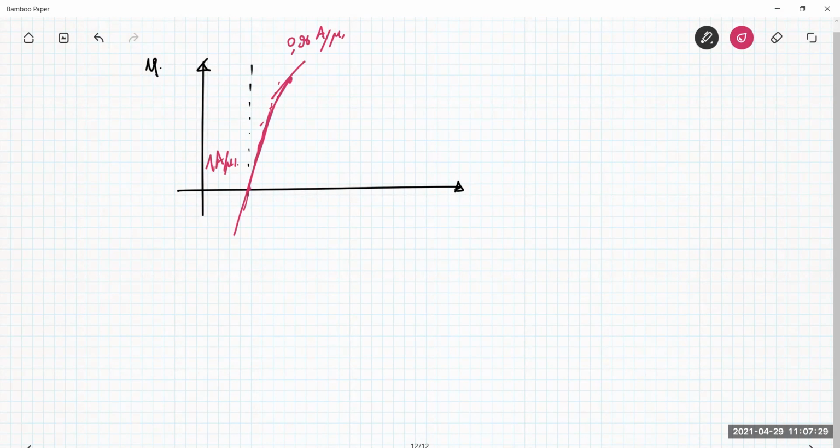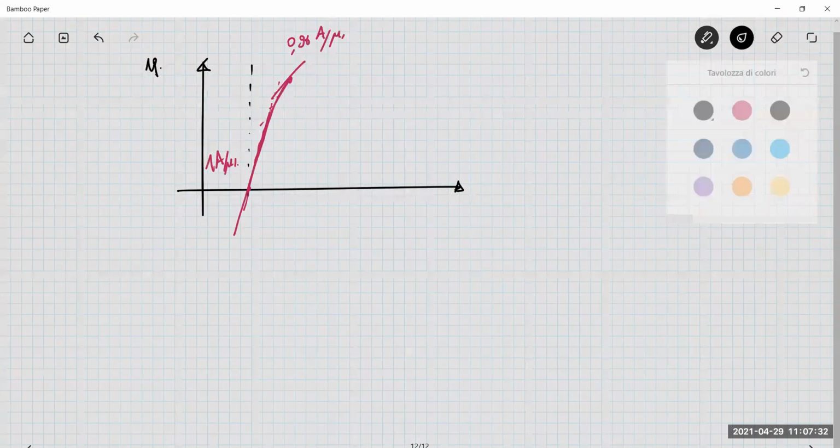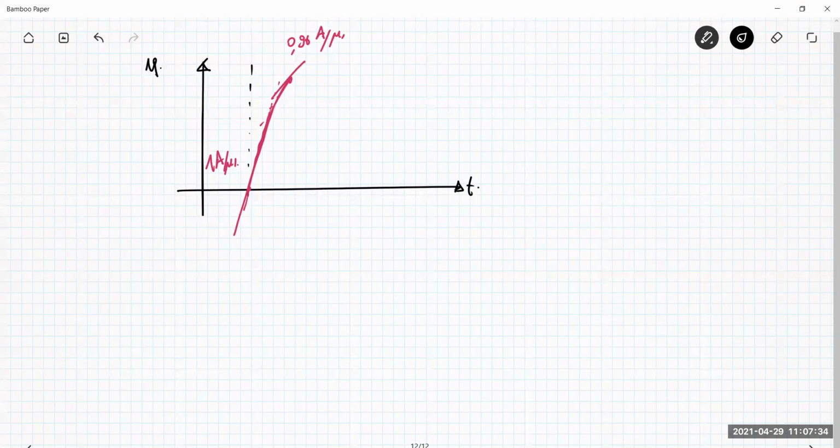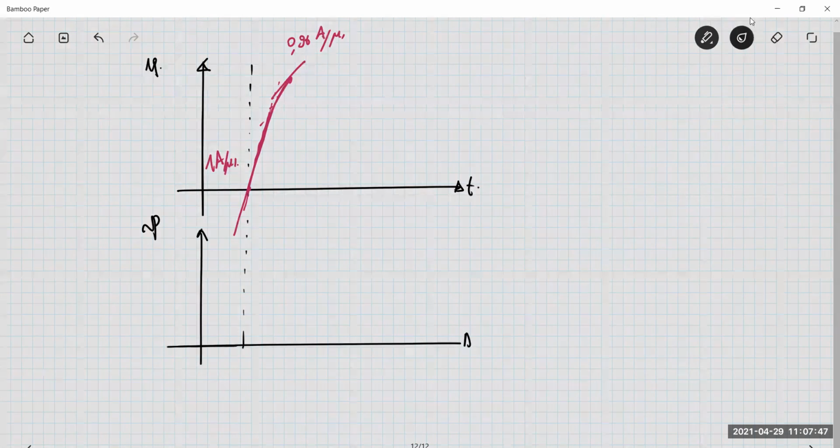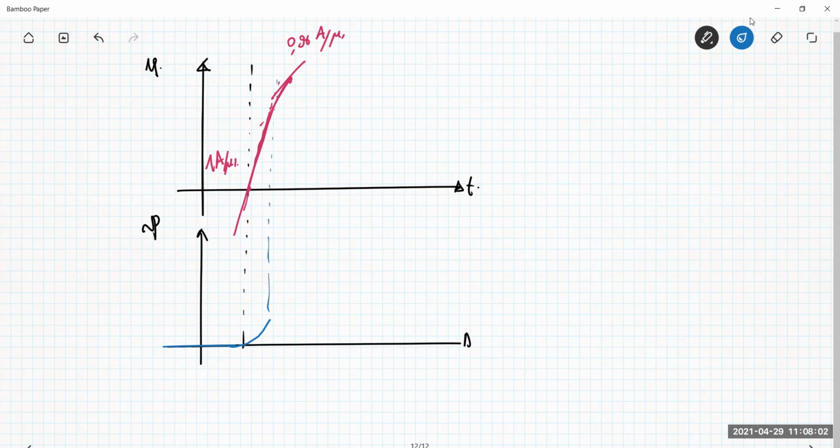This means that my voltage Vp follows this behavior, something that has a parabolic behavior like this, up to this point. Then it's constant, and there's other behavior which is something like this.